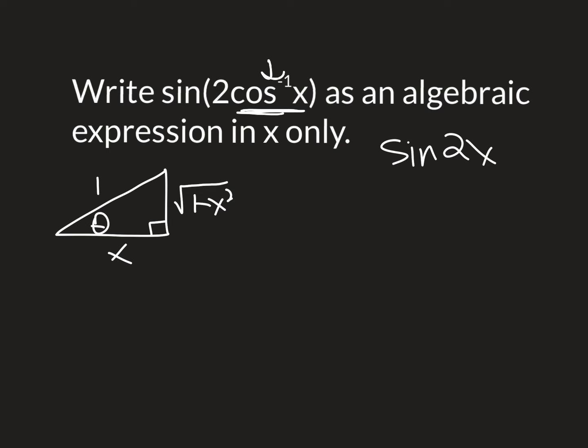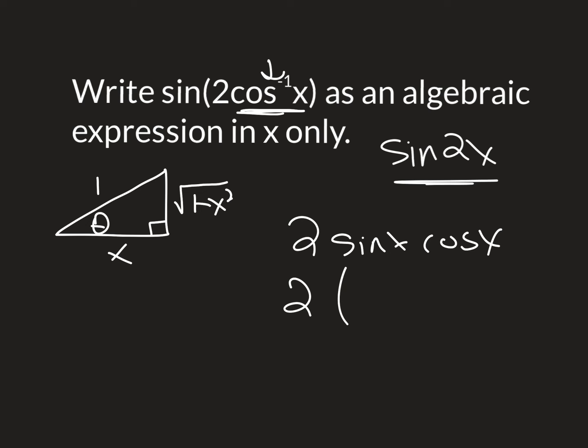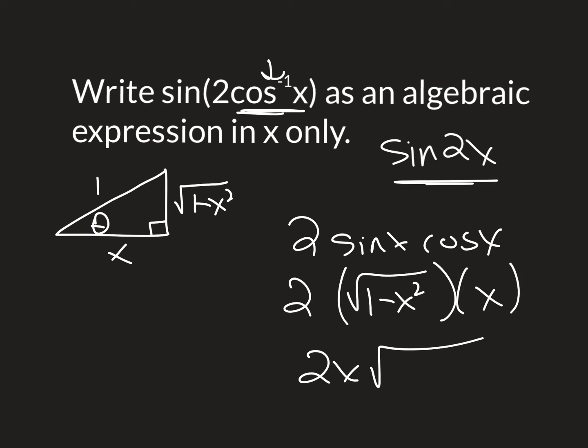The formula for sine 2x is 2 sine x cosine x. Sine x is opposite over hypotenuse, which is the square root of 1 minus x squared. Cosine x is just x. So all I can do is multiply what I can, and I get 2x times the square root of 1 minus x squared. That is the expression with just x's only.